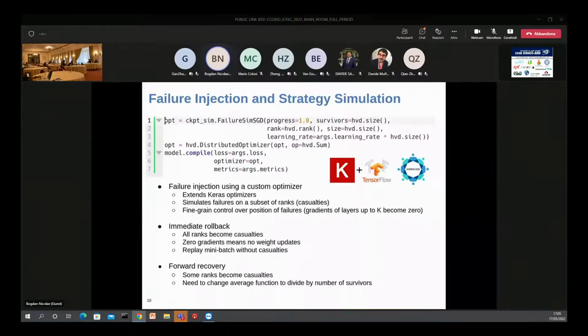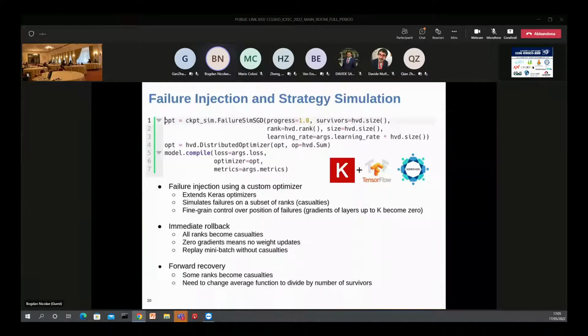We customized the optimizers that come with Keras by default. We wanted to be able to study the impact of the failures and the efficiency of the two strategies at fine granularity.